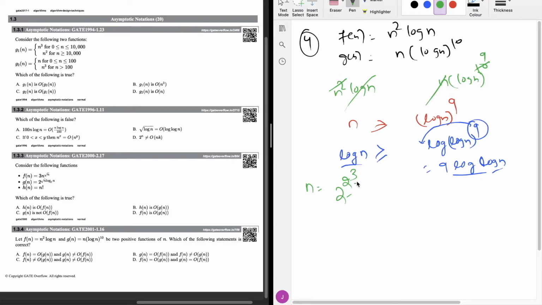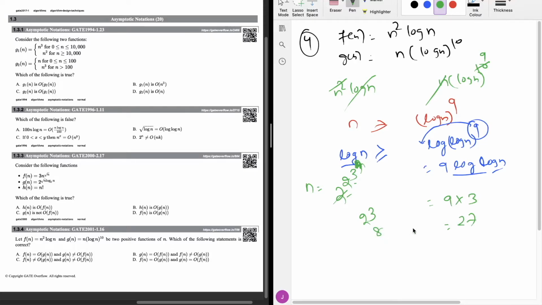So for my convenience I am taking 2 power 3, right? So I am replacing n with this value. If you take the base value as 2, then this 2 will get cancelled and I'll be getting 2 power 3. But here I'll be getting 9 into 3, because log n gives 3 and 9 is there, so 27 we can get here, and here I will be getting 8.